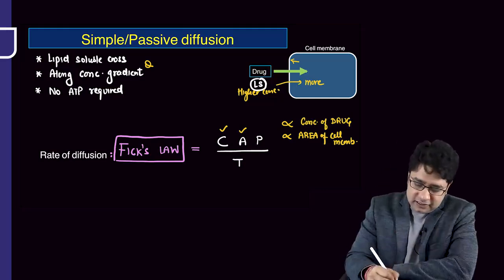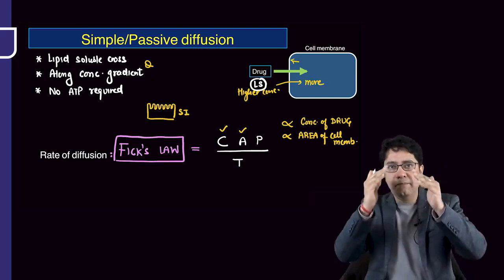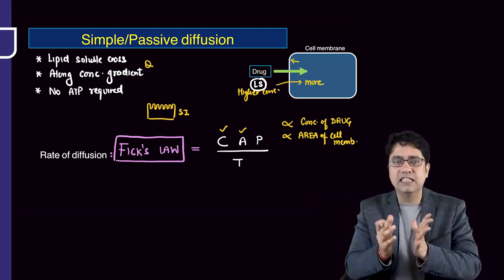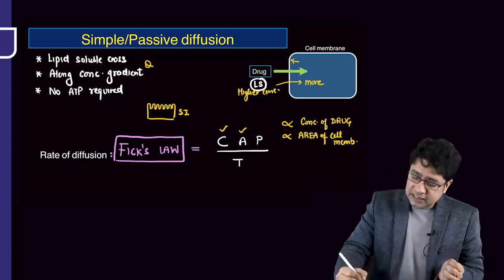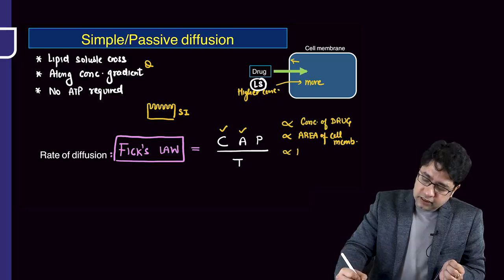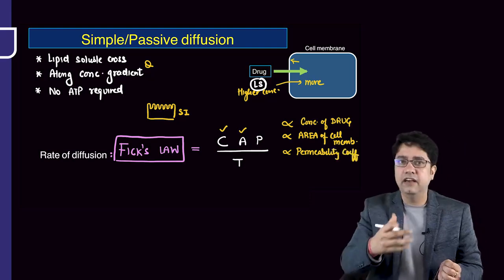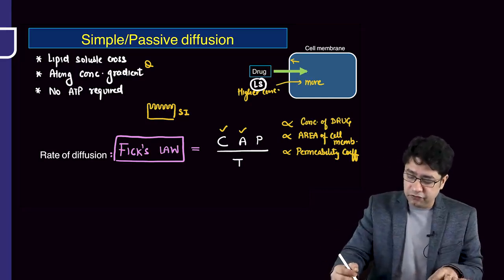Because in the small intestine, the area of the cell membrane is very high. Why? Because in the small intestine, the surface area increases, as the cells are brush border epithelial cells. Then P stands for a coefficient known as the permeability coefficient, that depends upon the type of cell we are discussing. Every cell will have a different permeability coefficient.